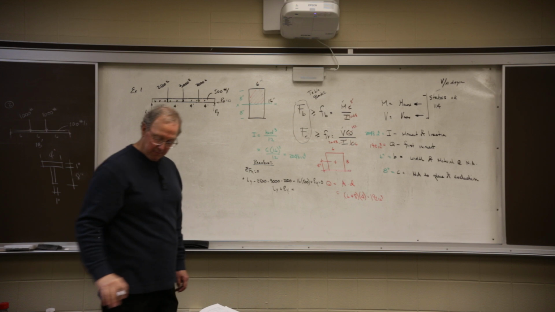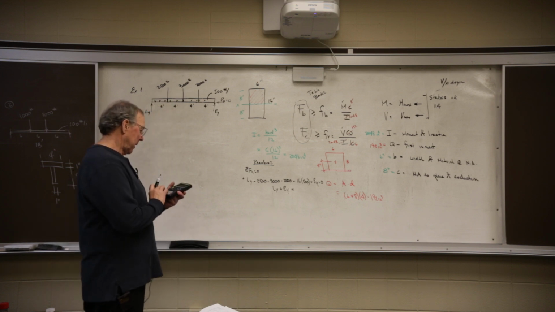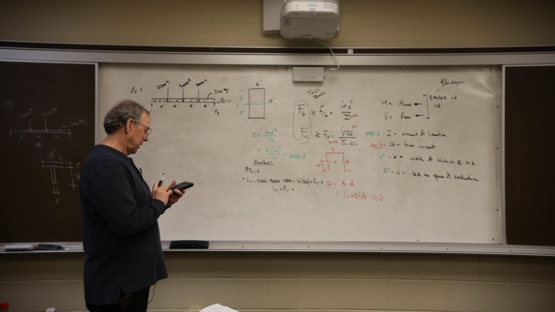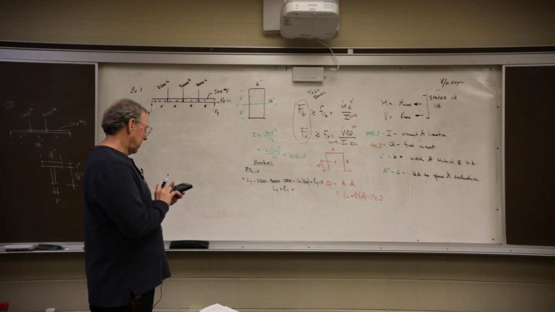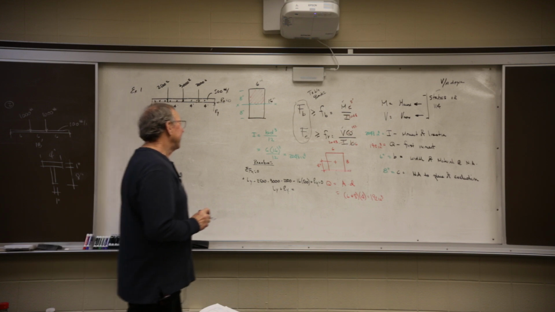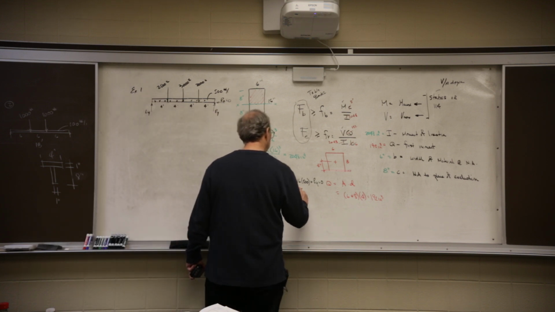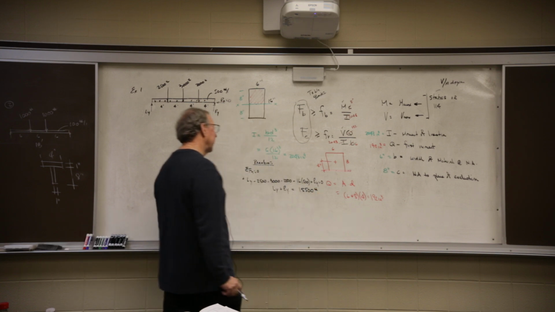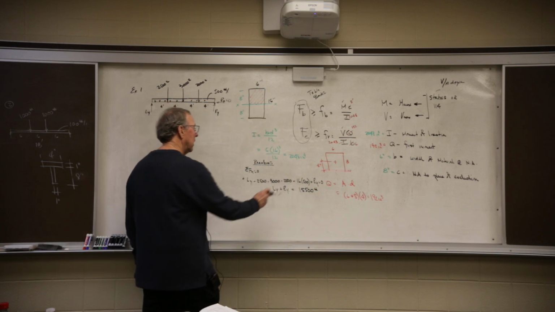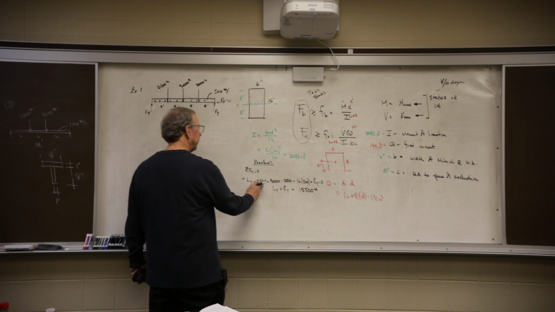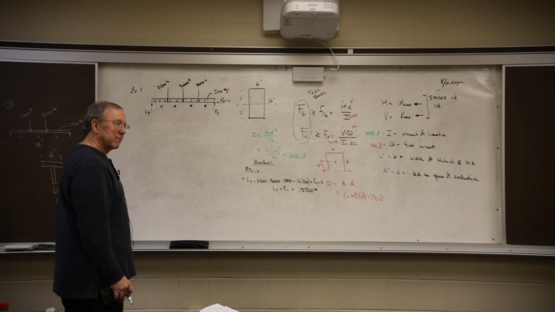So I multiply 16 times 500 and get 8,000. I add 2,500, 3,000, and 2,000, so the total is 15,500 pounds. Let's see if that looks good. 8, 10, 13, 15.5 is perfect.